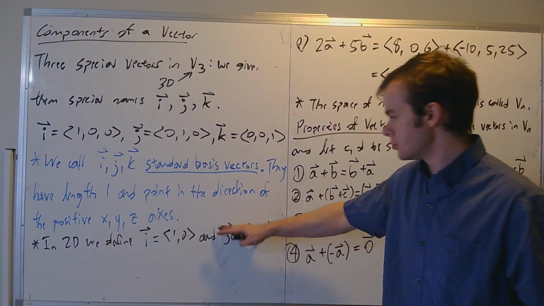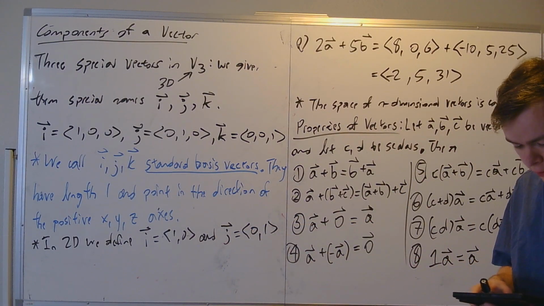Okay. So in 2 dimensions, we just get rid of one of the coordinates. That's how we would write it.